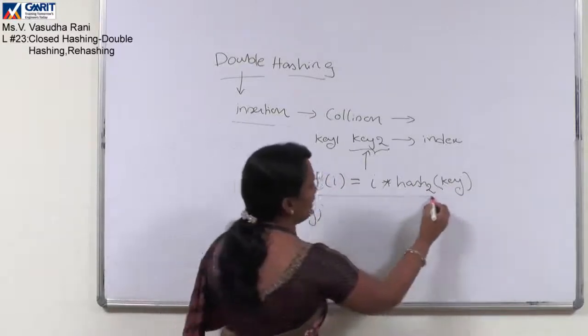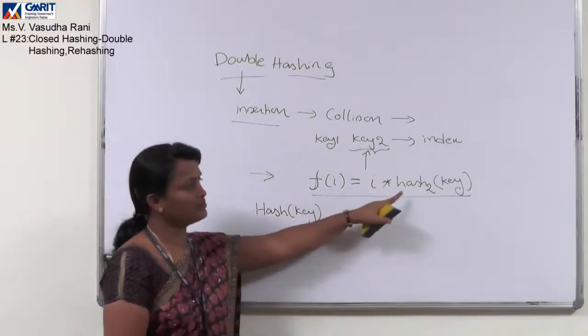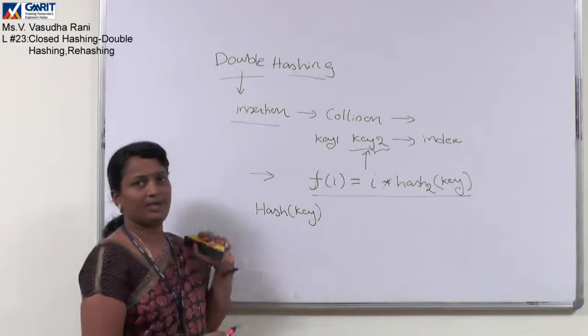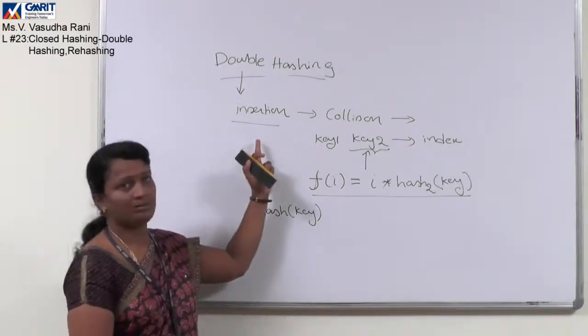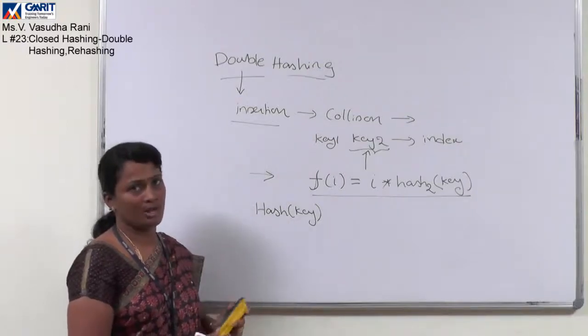This f of i we define in terms of another hash function, and using it we are going to define the second hash function to be used in the situation where a collision occurs.